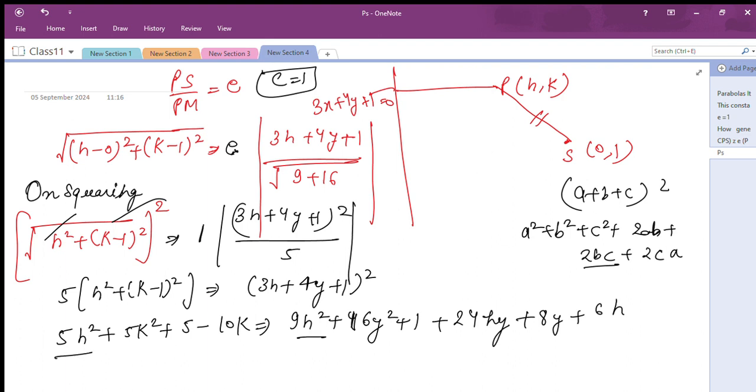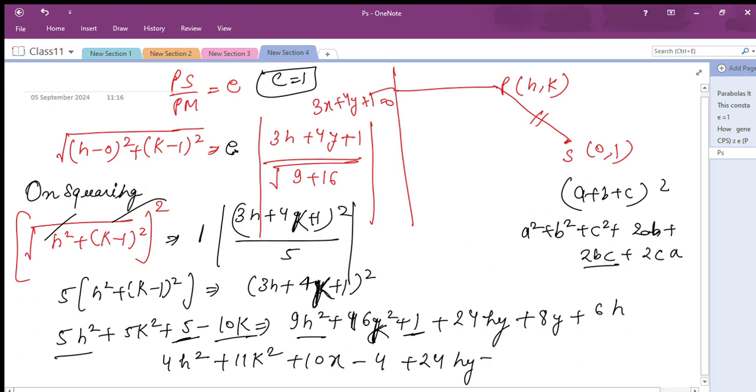So 9h square minus 5h square will remain 4h square. This is 16k square. This is a k, okay, not a y, because we are putting h comma k. This is a k, h comma k. So 16k square minus 5k square is 11k square, and this is minus 10k, so it will become plus 10k, and 5 minus 5 plus 1 minus 4, plus 24hk.